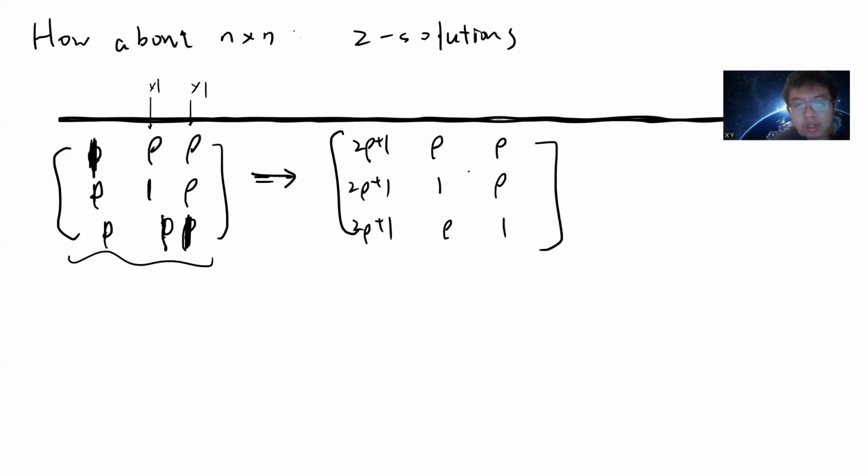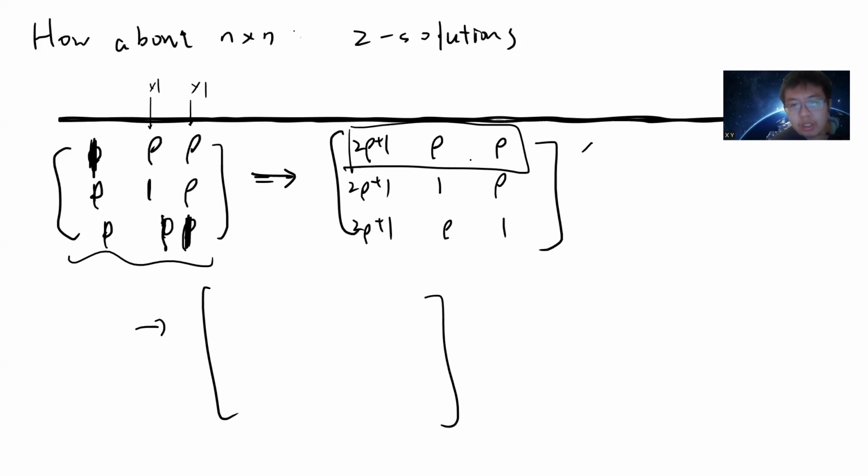Now I can use Gaussian elimination again. I fix this line, multiply by −1, and add to the second and third. So I get 2ρ + 1, ρ, ρ, and this part is 0, 0. If I multiply by −1 here, I get −ρ plus this, so I get 1 − ρ and 1 − ρ.